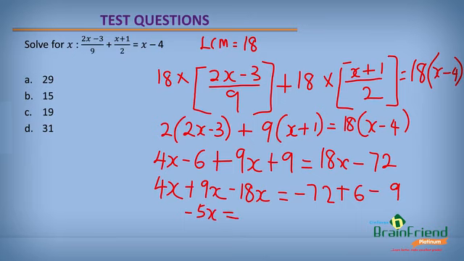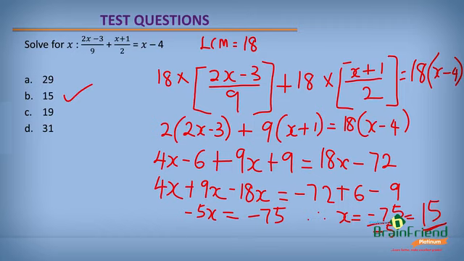Minus 72 plus 6 minus 9 results in minus 75. Therefore, x will be equal to minus 75 all over minus 5. And this is equal to 15. So the correct option is option B. So if you chose option B, you are quite correct.